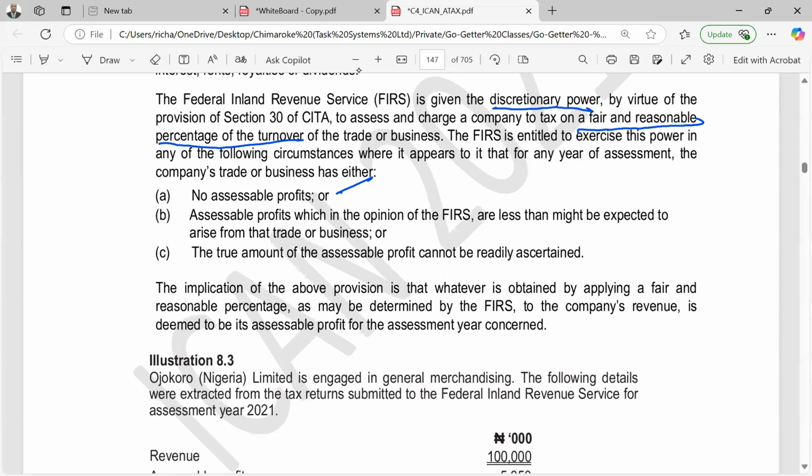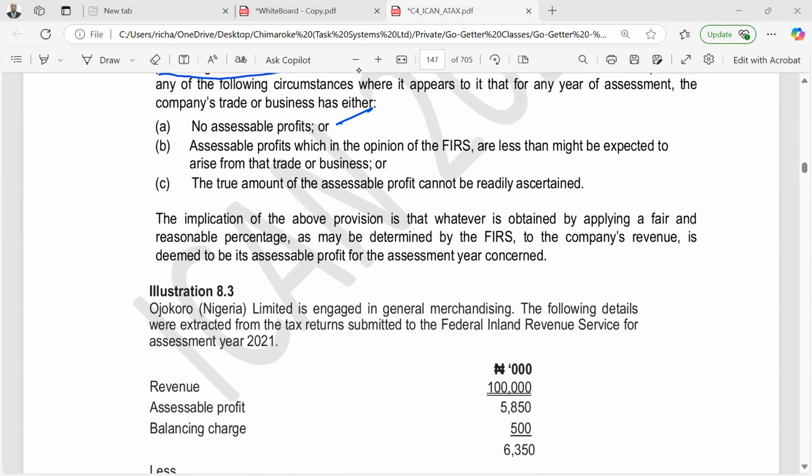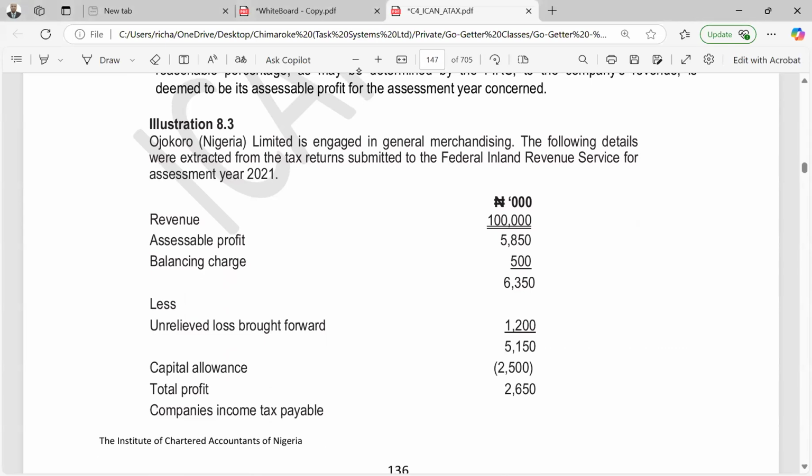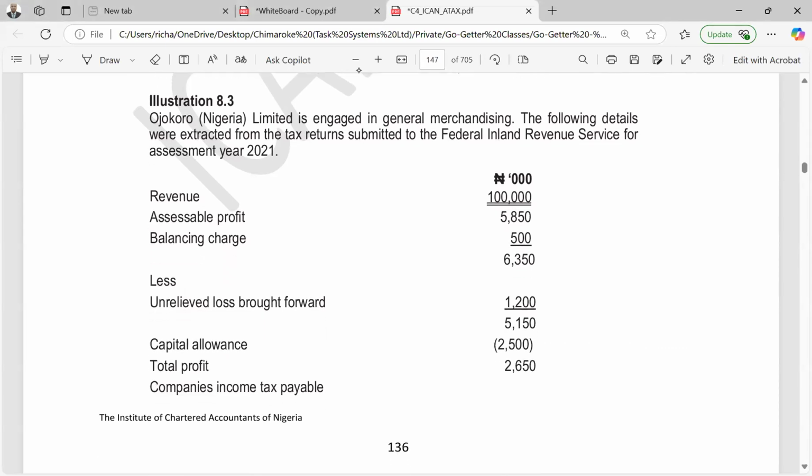So that fair percentage that is applied to your revenue is deemed to be your assessable profit for the year. And so tax can now be charged on that. So normally, most times when they do examination, you'll be seeing deemed revenue, deemed assessable profit, they have applied a small percentage.